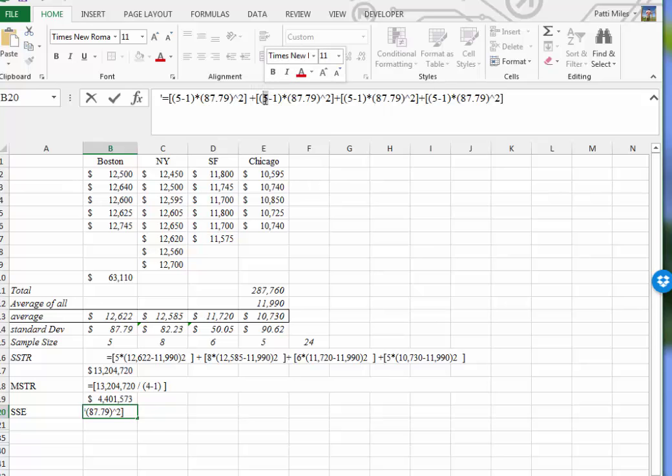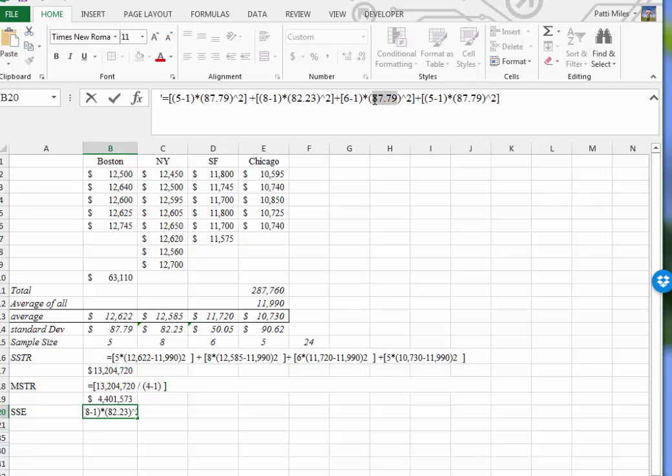And then this one's not going to be 5 minus 1, it will be 8 minus 1, and this one will be 6 minus 1, and this one, oh, I lost one of my parentheses there, will also be 5 minus 1. Okay, now we go back over here, and it's not going to be 87.79, it will be 82.23.